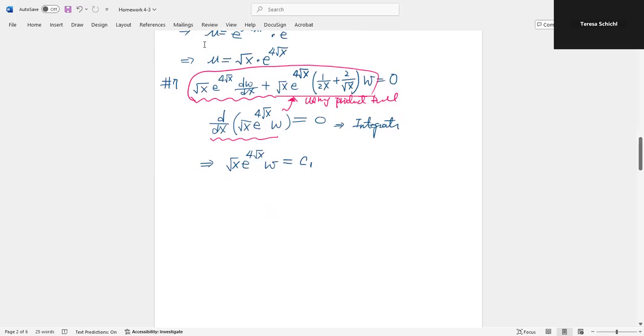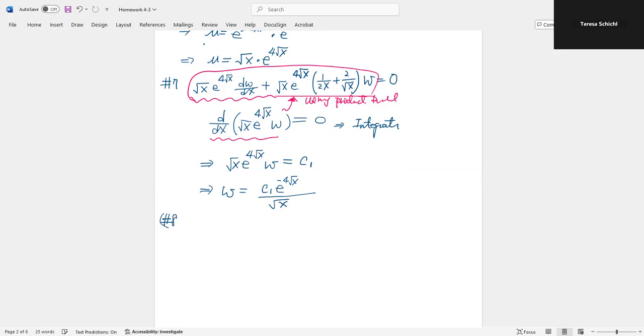Then now I can find my W here. So W will just be C1 times e to the negative 4 square root of x divided by the square root of x, right? You just move this term to the right-hand side. All right, now getting closer.